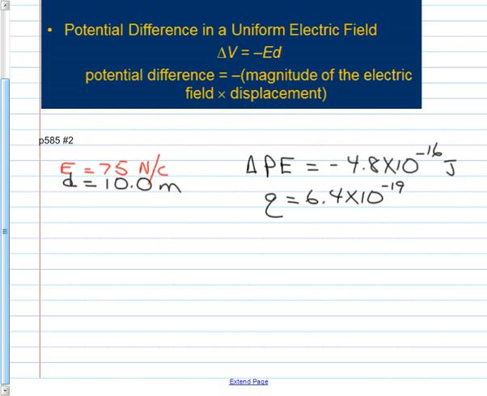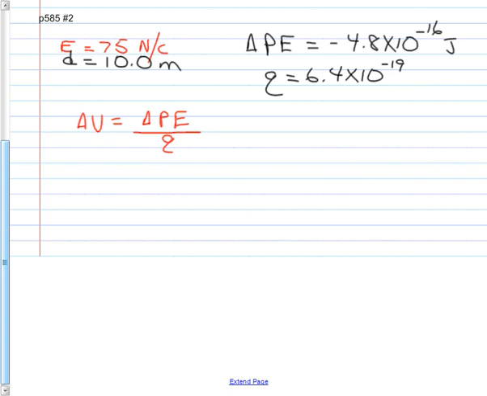My potential difference is the change in potential energy divided by unit charge. So this one shouldn't be too hard. Negative 4.8 times 10 to the negative 16 divided by 6.4 times 10 to the negative 19. You know, I feel like on the test it's just not that simple. Ever. Well, you have to remember the formulas on the test.